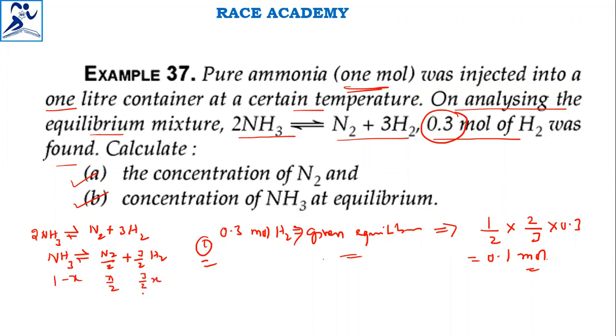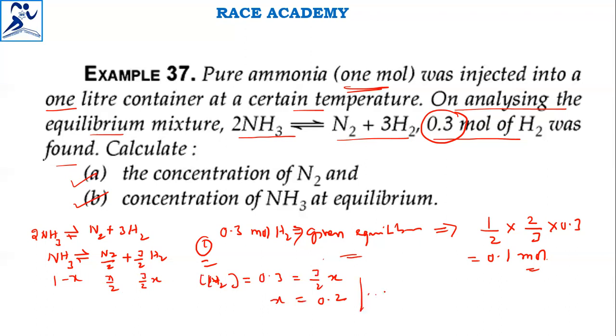In this way, if you find it, it will also come easily. So what is the concentration of H2 given in the question at equilibrium? That is 0.3, that is equal to 3 by 2 x. So then what is x? x is equal to 0.2.